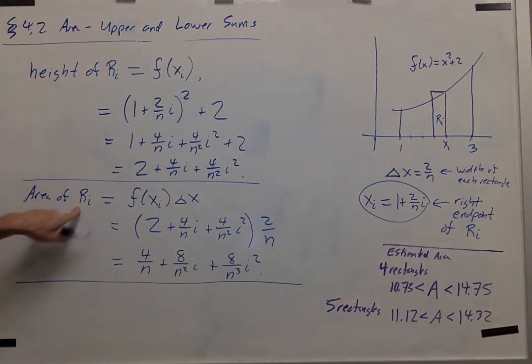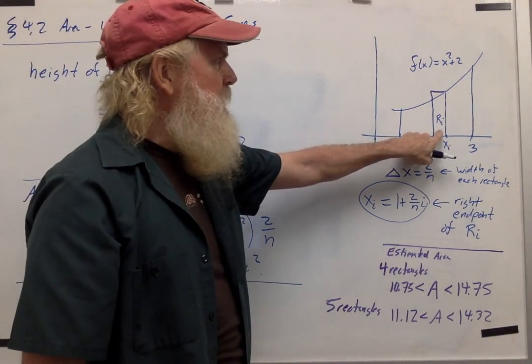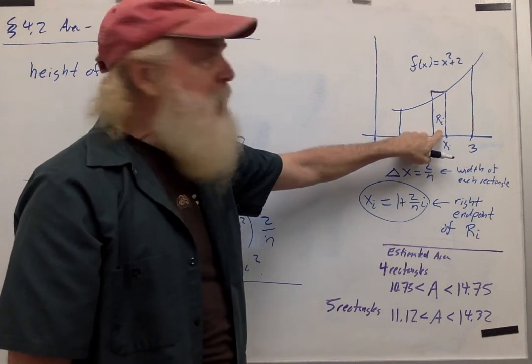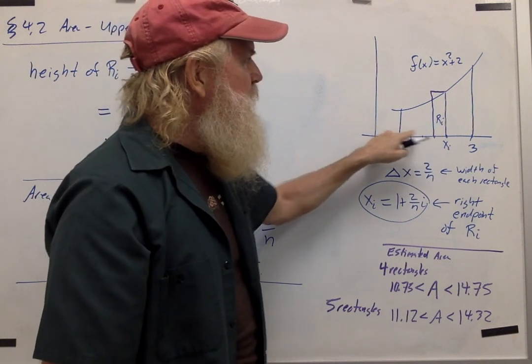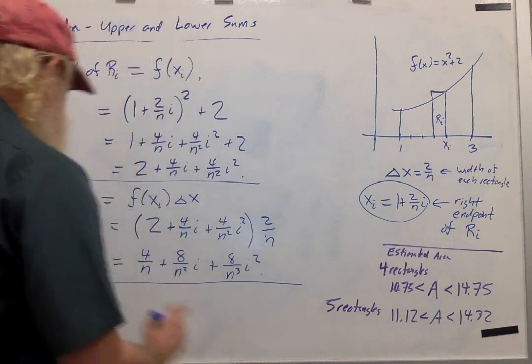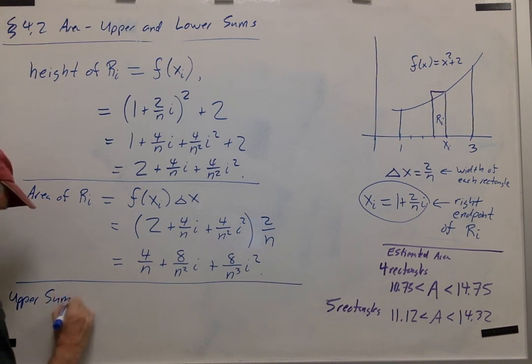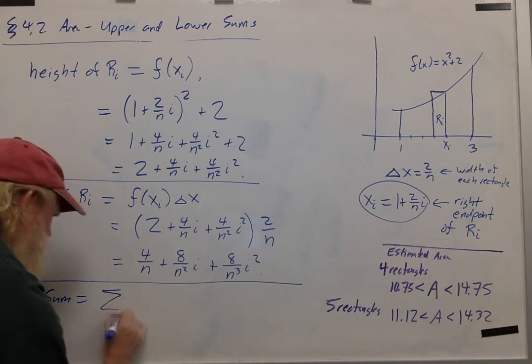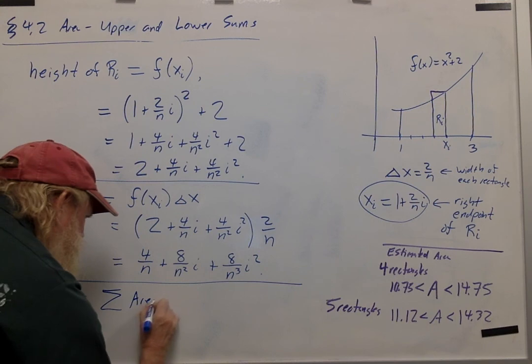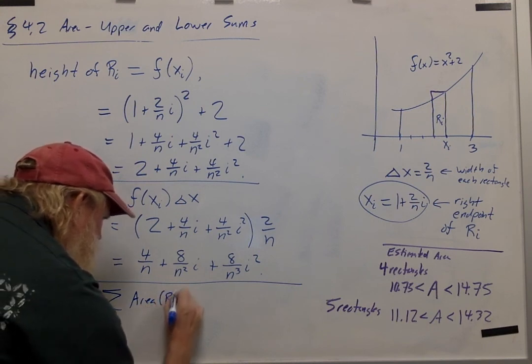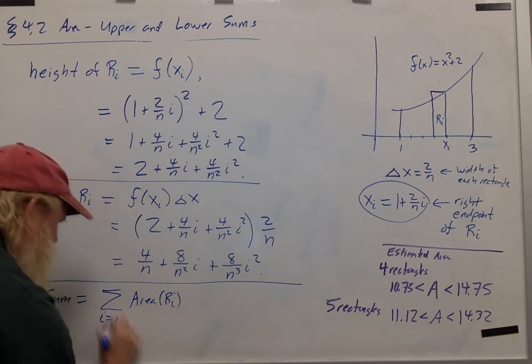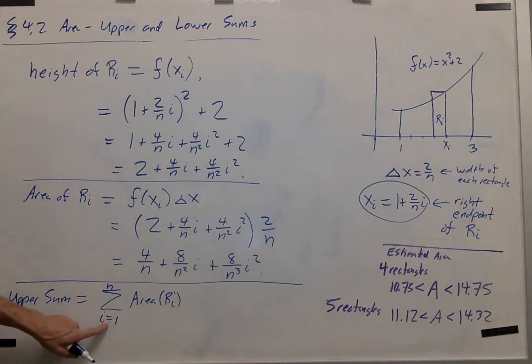Now that's the area just of this one rectangle. If I want my total upper sum, I need to add up the areas of all n rectangles. So the upper sum is going to be the sum of the areas of the R sub i's as i goes from 1 to n, since there are n rectangles.